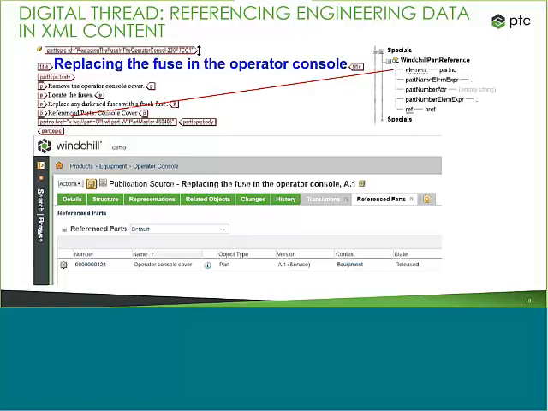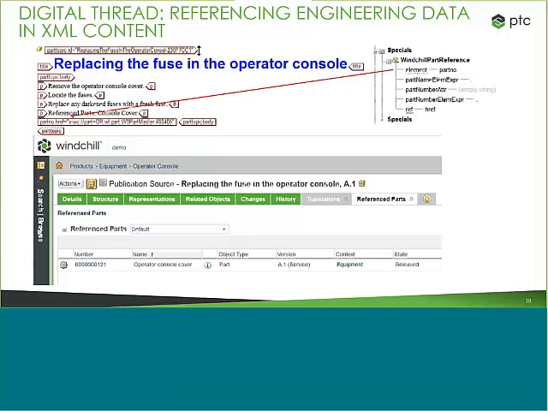And what the bottom screenshot shows is in Windchill, when you're looking at the document, you can have a referenced table, which would show any of the parts that have this special relationship to the document. And in this case, again, it's the operator console cover. So this isn't exactly an out-of-the-box capability.